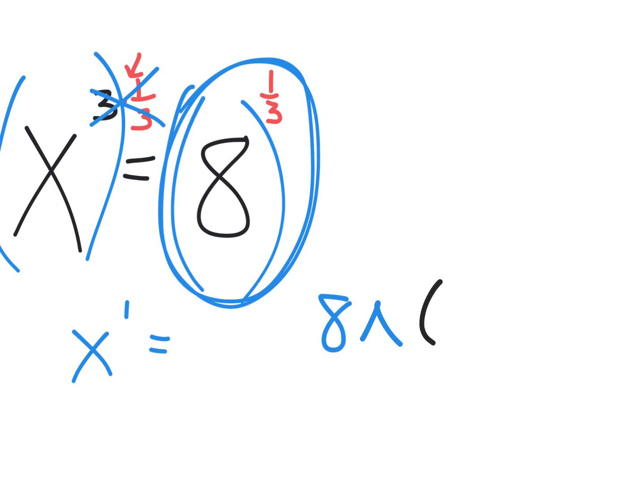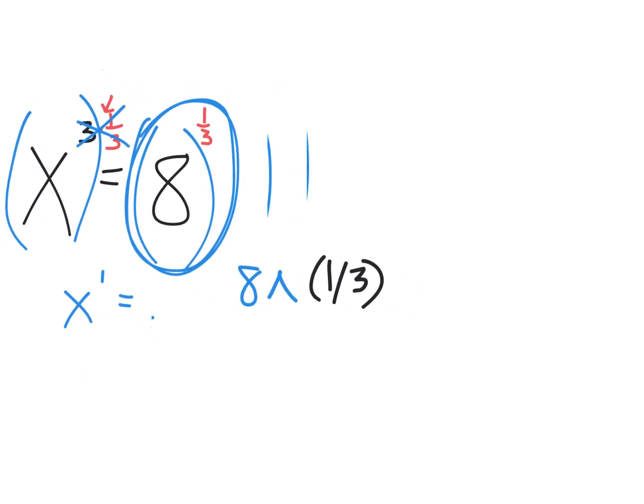And I'd always put my fractions in parentheses. 1/3 like that. If you put parentheses around it, it'll keep the order from getting messed up. So if you want to use a calculator, which will be allowed, then you can put things to the fraction power. I'm going to leave that on the screen and see if you can handle this one.